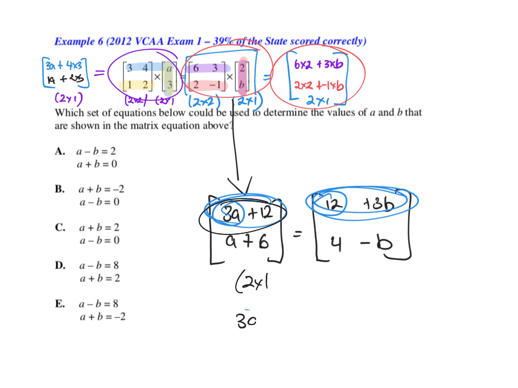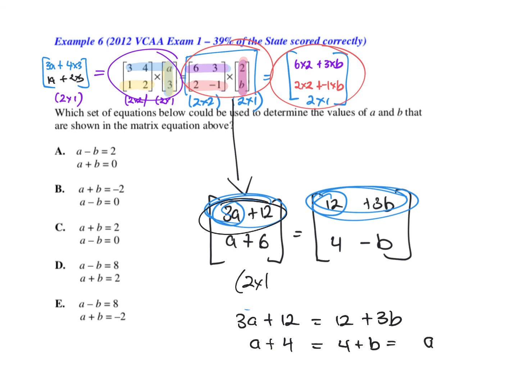So I can say 3A plus 12 equals 12 plus 3B. Then I could divide everything by 3, so I could say A plus 4 equals 4 plus B. Yeah? And is that an answer?